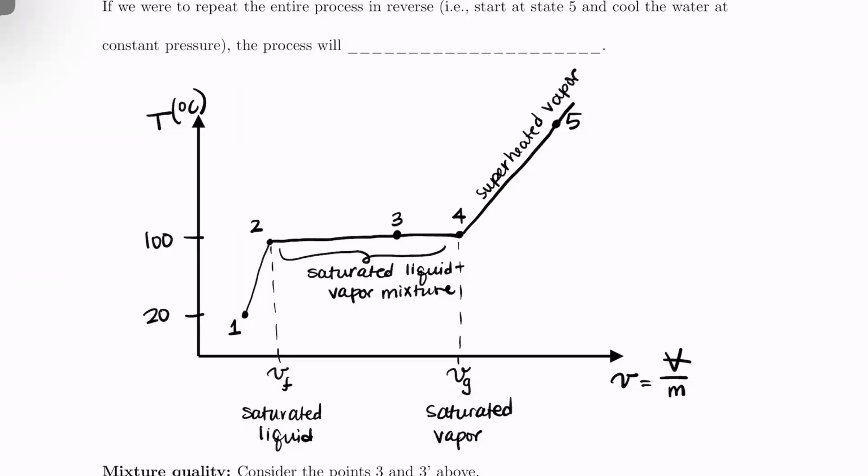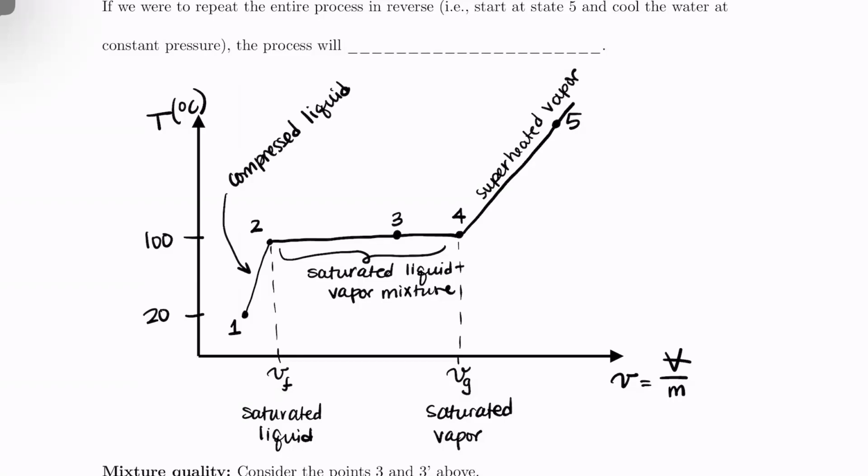And then I should put down here, so this part of our curve is a compressed liquid. And then the tail end on the high specific volume, high temperature side is our superheated vapor.